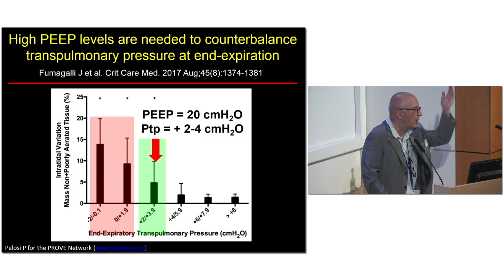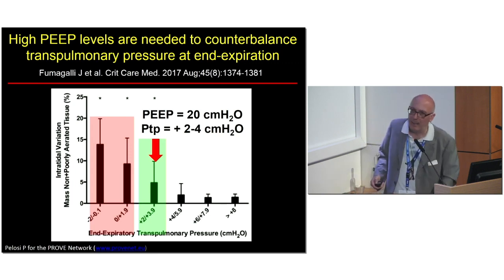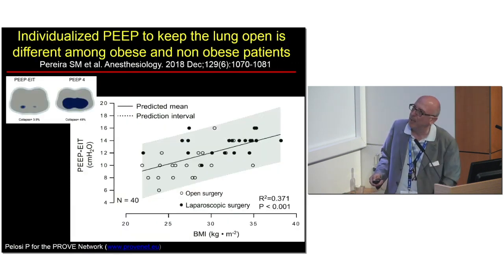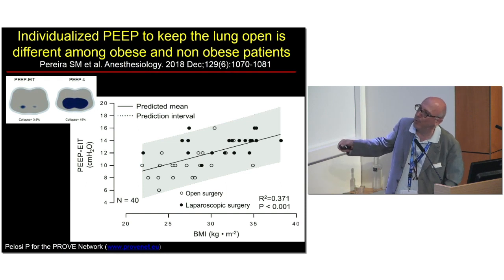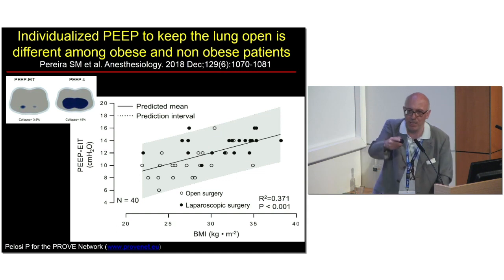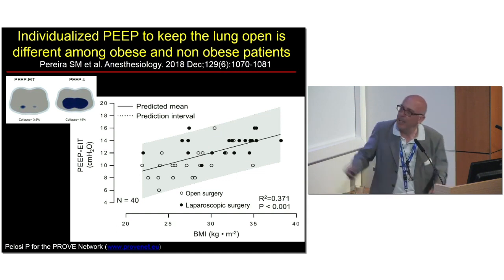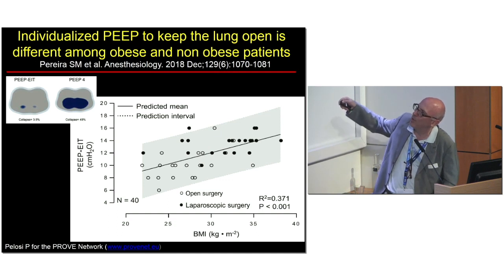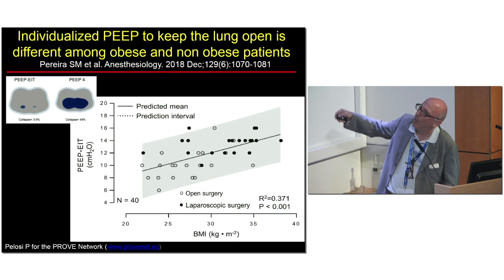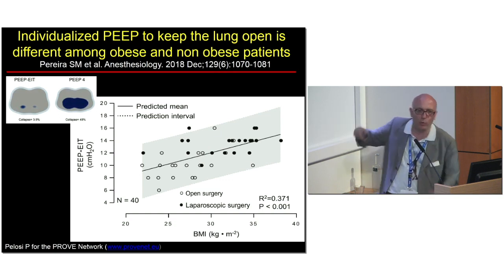But I show you that we are talking about lottery numbers. In fact, when we reproduced the same in obese patients, and we looked at the PEEP by using the EIT, so what really happens in the lung, you see that we found some dispersion in the best PEEP by EIT in obese patients, but around 12 centimeters of water, not 20.